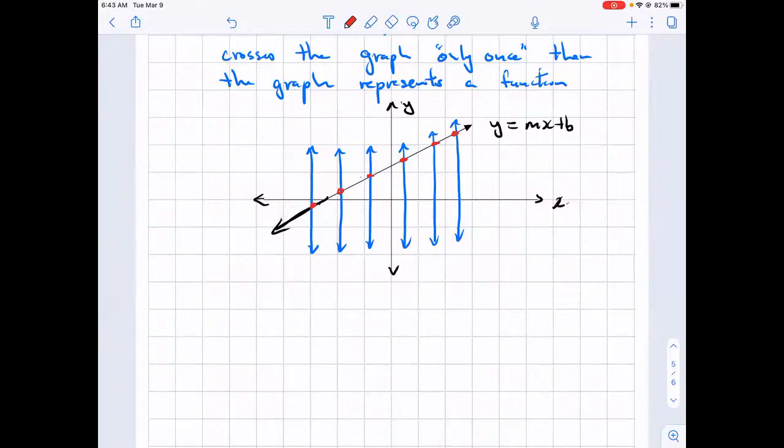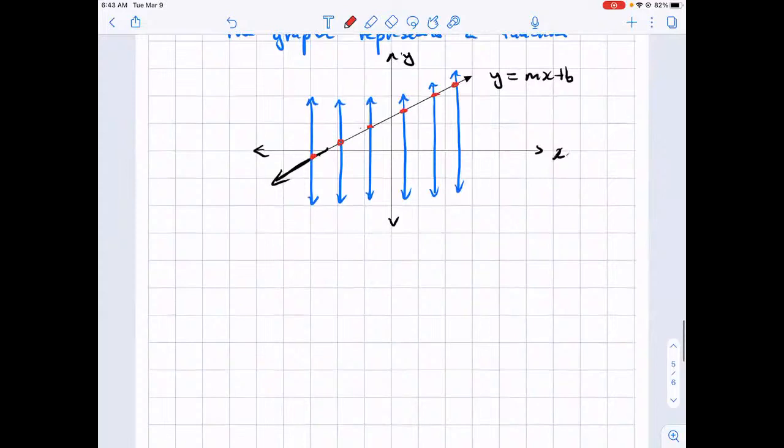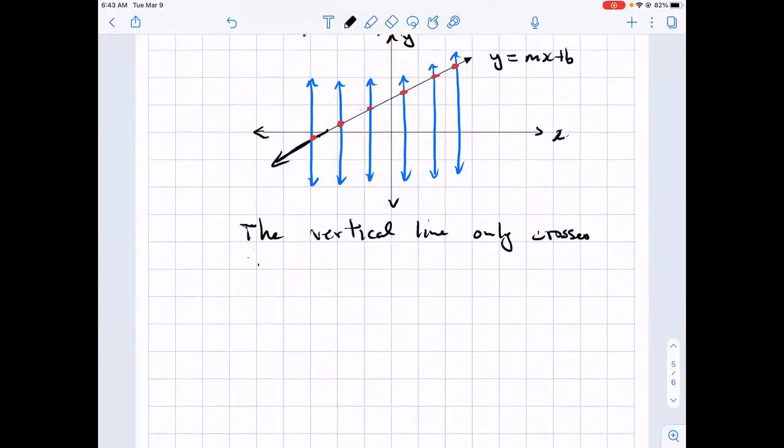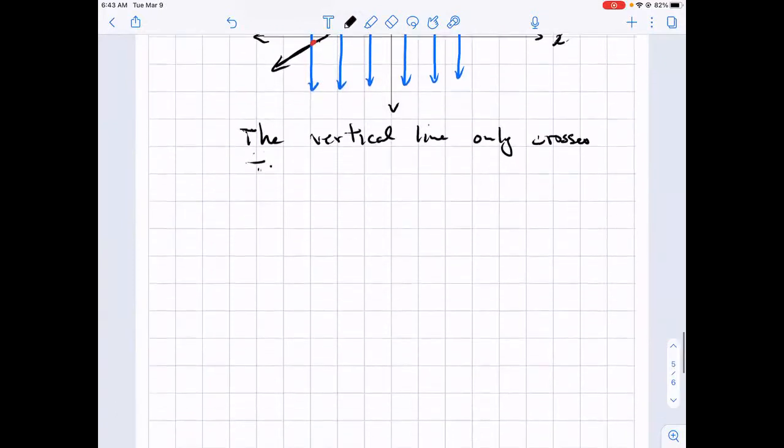After redrawing all my graph, you will notice that any one of my vertical lines only hit it once. So the vertical line only crosses the graph once. One line at a time, okay?